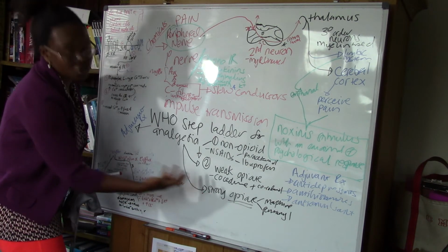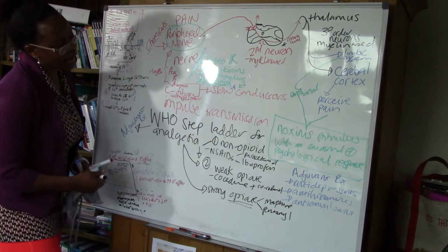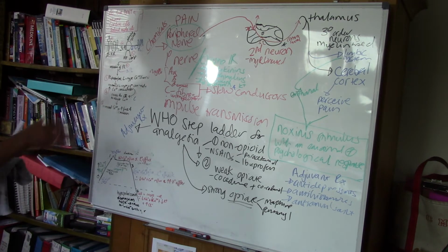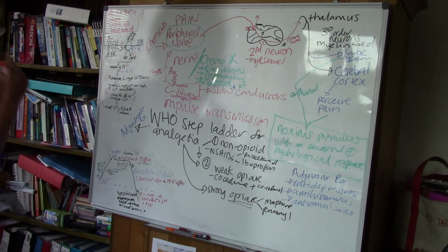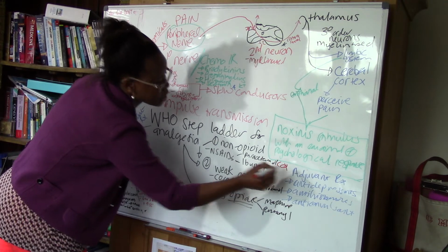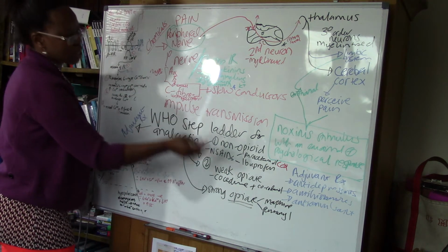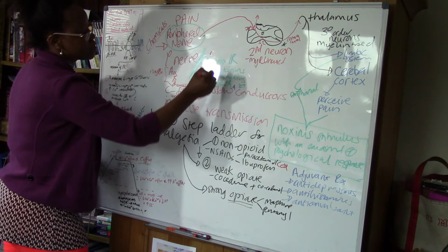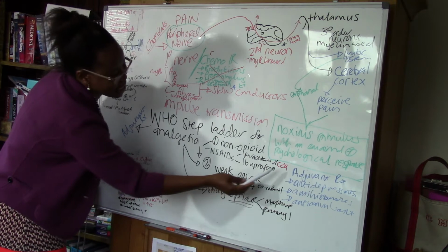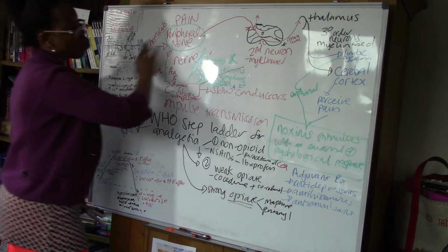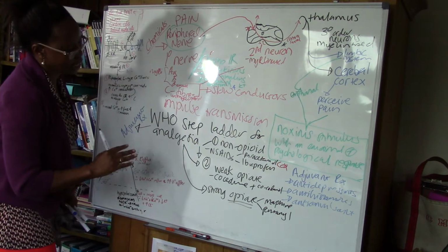These are really strong medications, and if we were to look at all the medications that are used in the step ladder, the NSAIDs will inhibit COX, and all the non-opioids with the adjuvants will inhibit all the chemicals that actually stimulate the peripheral nerves. So that is one first way of managing that pain.